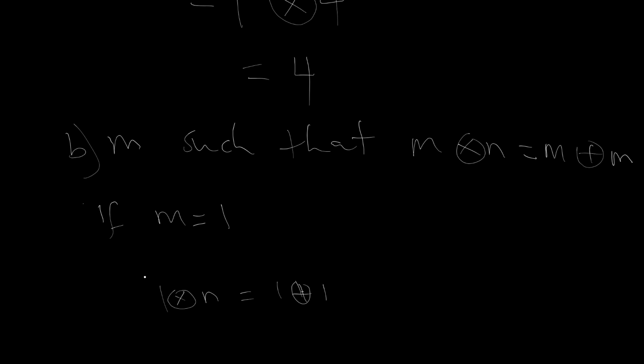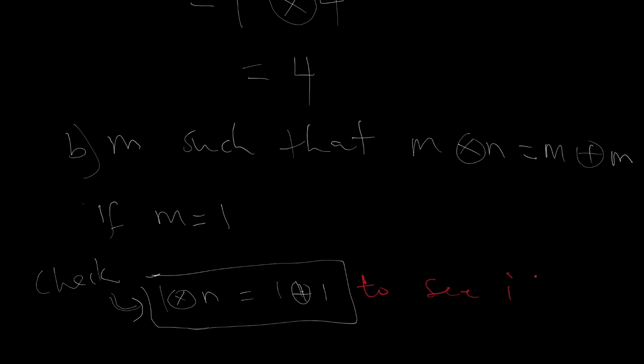So we check to see if this is true. If it's true, then our m becomes 1. If it's not, we move on to the next number, which is 2. And we check to see if it's true. If it's true, then our m becomes 2. If it's not, we move on to the next number, which is 3. So we do that for all the numbers to see which number satisfies this expression.